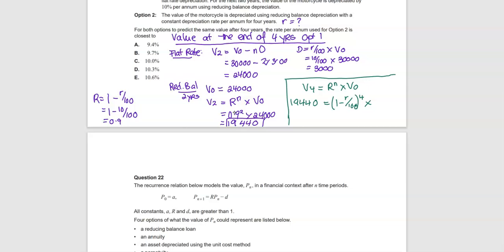So it was still valued at 30,000 to begin with. And you can then just use your solve. And if you solve that, you get the rate equals 10.3%. Okay, which sounds pretty okay for a motorcycle.